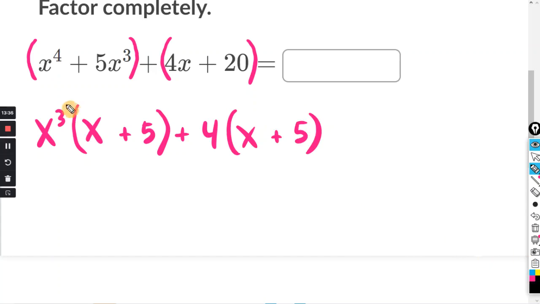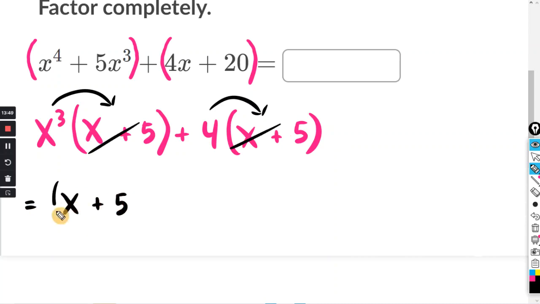All right. So now each of these terms is going to be times x plus 5. So you can factor out the x plus 5. And then that's going to be times x to the 3rd plus 4. And that's it. The order doesn't matter.